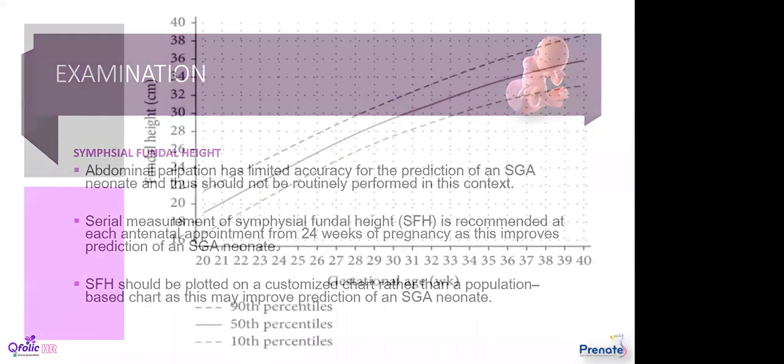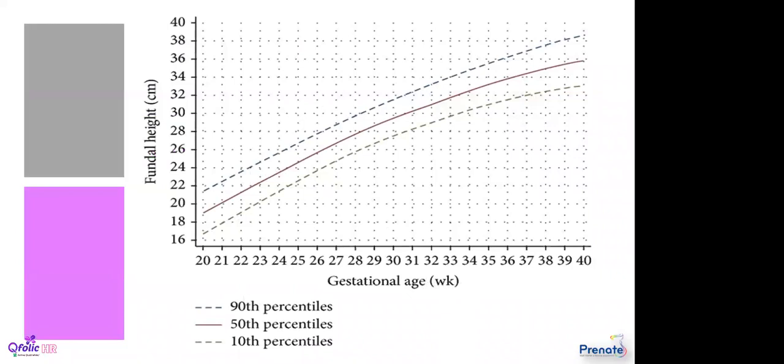This shows the customized chart for the symphysial fundal height. The central line shows the appropriate growth, but the lower line shows the 10th centile of growth. So on serial examination, we should plot our findings on such charts, and we can anticipate growth restriction in time so that the fetus can be further monitored by doing further investigations.